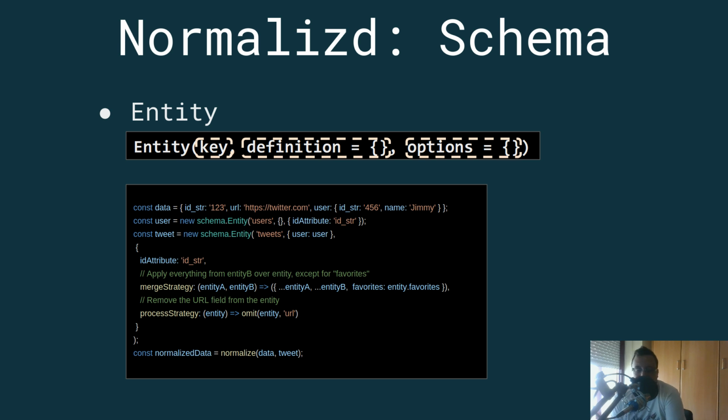What schema we really want to use is tweets. The tweets schema is named tweets, and the definition is user, because the definition is where, as you see, the nested entities we find in this entity are. So we are going to define the tweets.